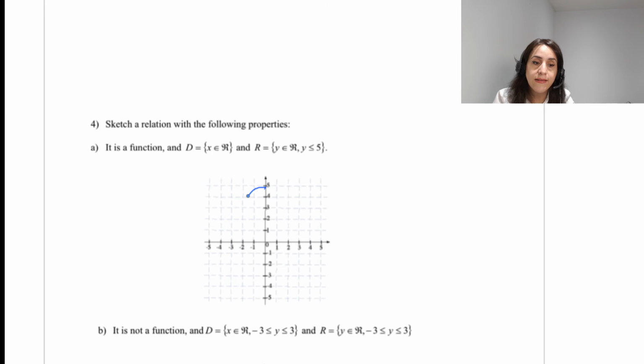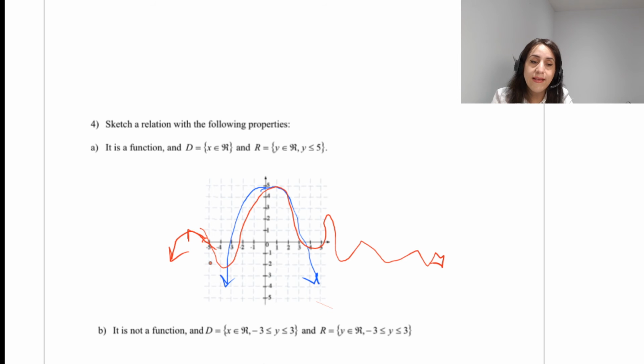I can easily draw an open downward parabola, or any graph that I want, as long as the y value doesn't pass 5.